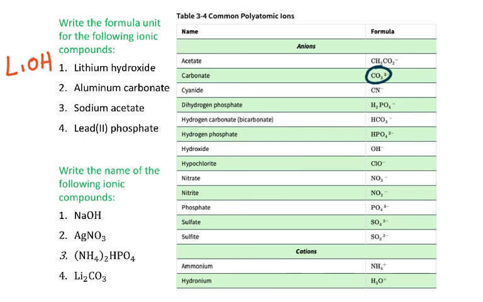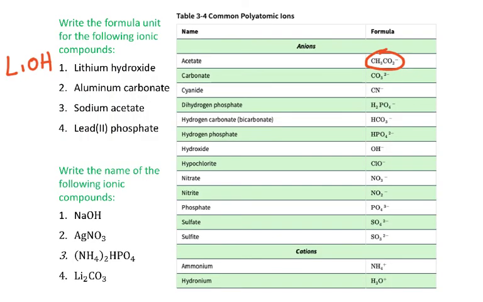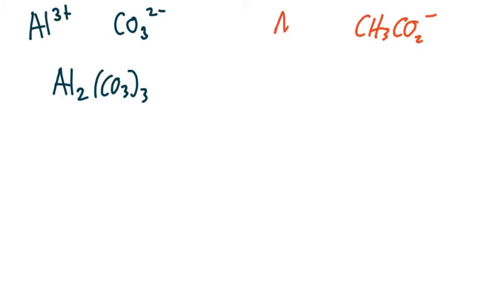Okay, next, sodium acetate. So acetate is CH3CO2, -1 charge. And it's sodium acetate. So sodium is Na+, and so it's NaCH3CO2, which is kind of a long formula, but it's a 1-to-1 ratio, so we leave it as is.